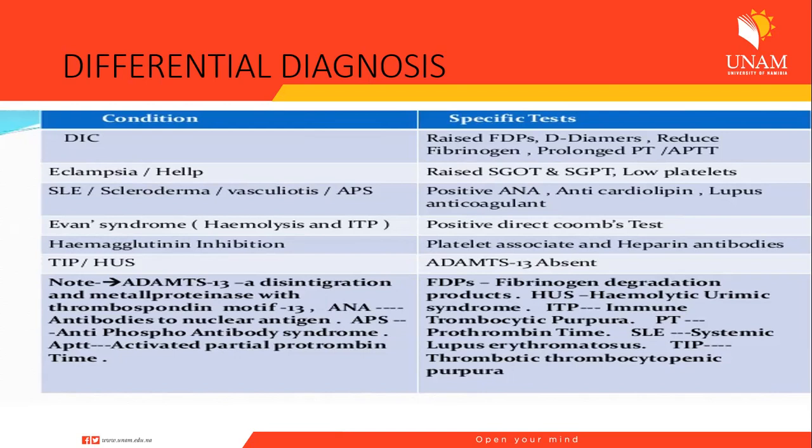Now, if it's eclampsia or HELLP, obviously you will have elevated liver enzymes. If it's due to anything else like SLE or vasculitis, you have positive antiphospholipids, or lupus anticoagulants. This is just to show you the different things that you may be able to look at, especially as relates to coagulation disorders in pregnancy.